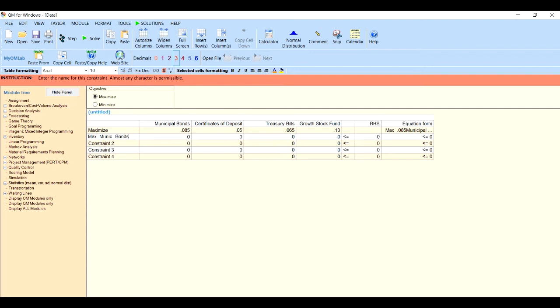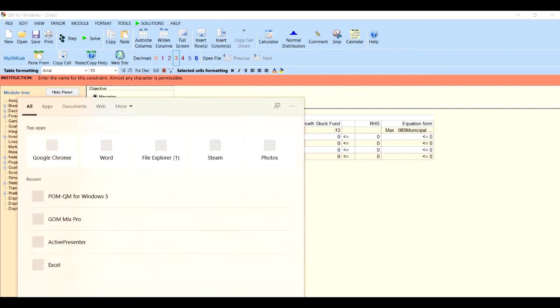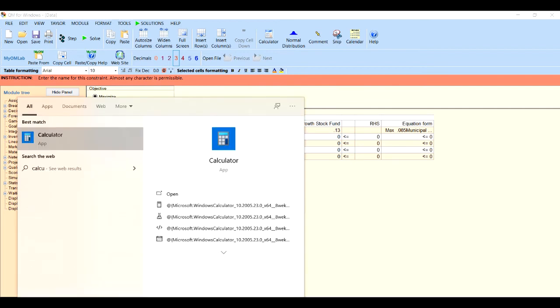Now the question in the textbook isn't solved in QM, it's solved in Excel. That's why we're doing it in QM first. And I will come back and look at that with you a little bit later in Excel. So here we are, moving on to constraint.